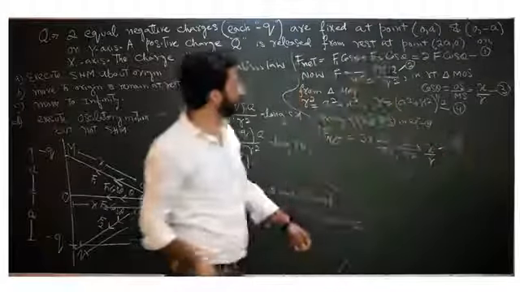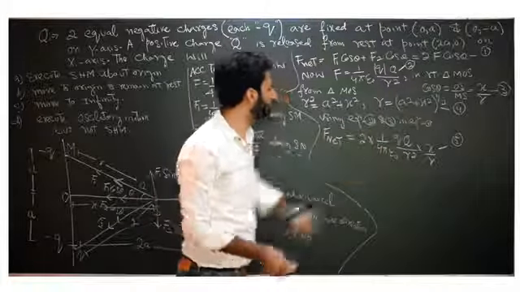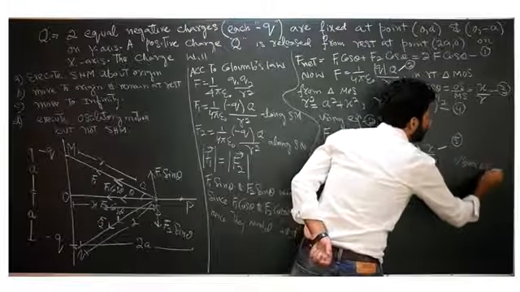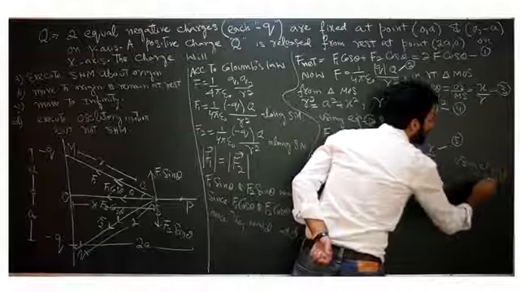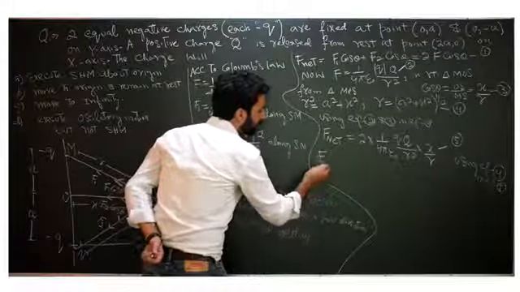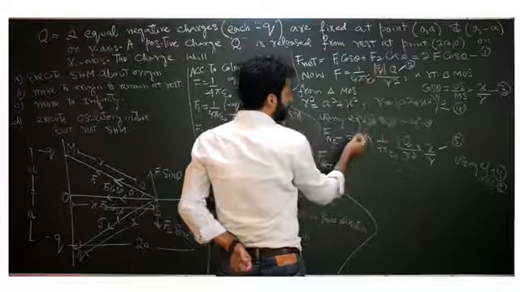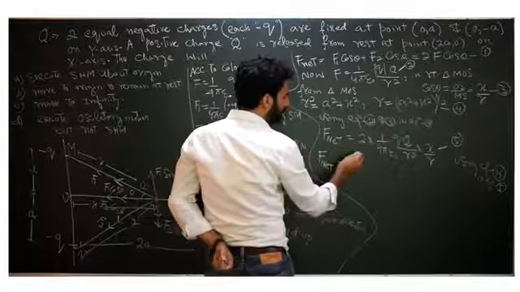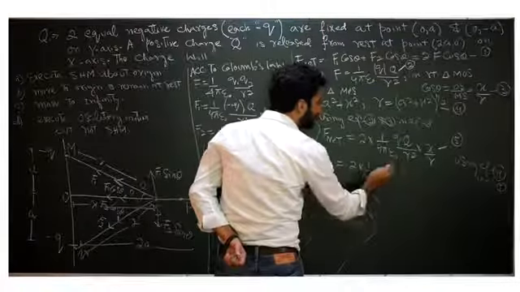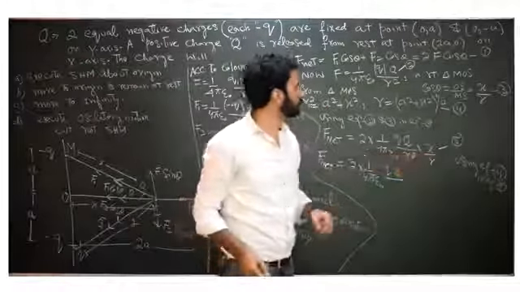Now we can use the value of R from equation 4 in equation 5. What we'll get is the net force. If we take the negative sign also, then we can have the negative sign there, but the magnitude will be 2 into 1 upon 4 pi epsilon naught, small q into capital Q divided by R square into R, means R cube.